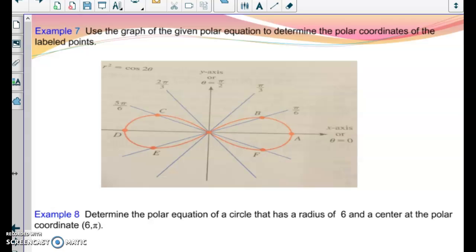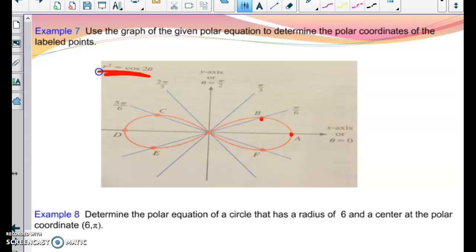So here we are, we're going to try to come up with some values, and you see the equation up here. So I want to first find out r, because we're given the angles, but we don't know what the r value is at these points.